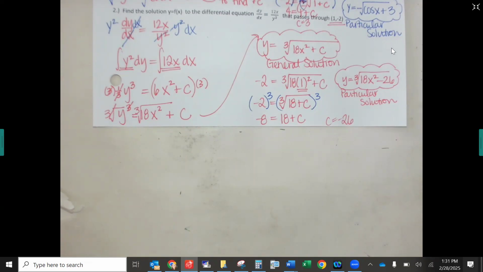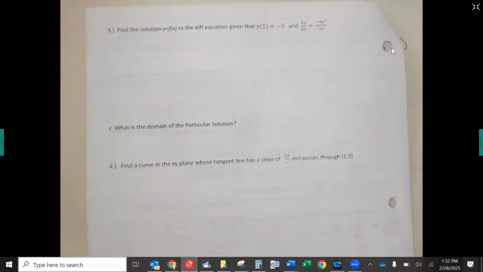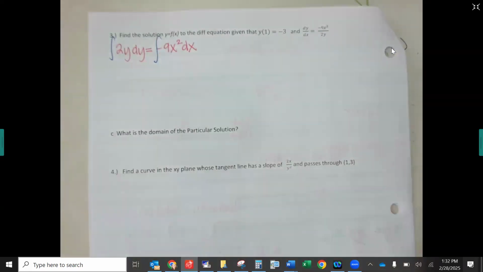So separate, integrate, and then get your y by itself. If you want to check your separation step, it should look like that.